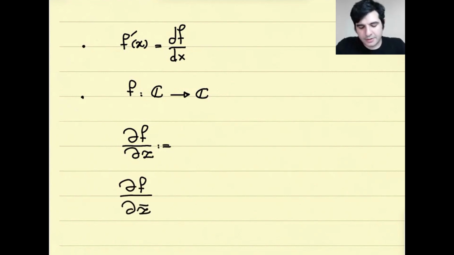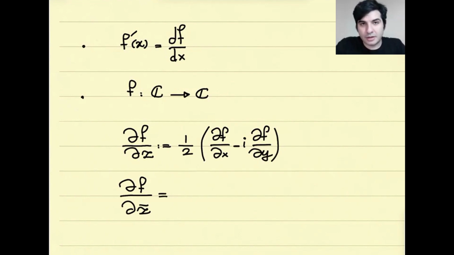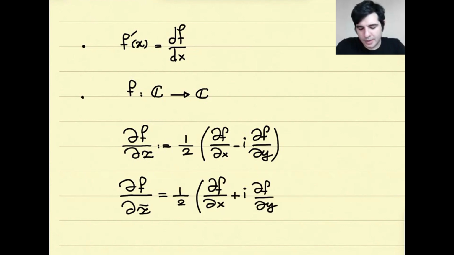Remember, they had their own definitions. The derivative of f with respect to z was 1 over 2 times the derivative of f with respect to x minus i times the derivative of f with respect to y. And the derivative of f with respect to z bar was 1 over 2 times the derivative of f with respect to x plus i times the derivative of f with respect to y.